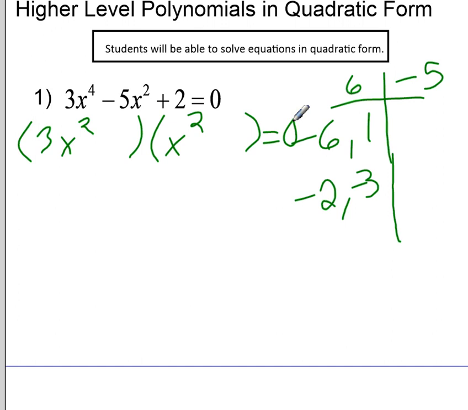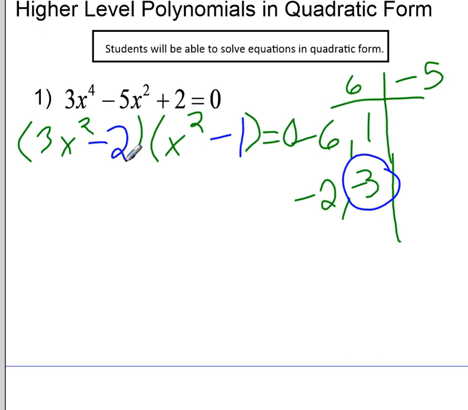So the magic number that's a multiple of 3 is -3. So 3 times -1 in the outer position gives me -3. Inner times inner has to be -2. So I've got 1 times -2 in the missing inner position. And last times last is +2.